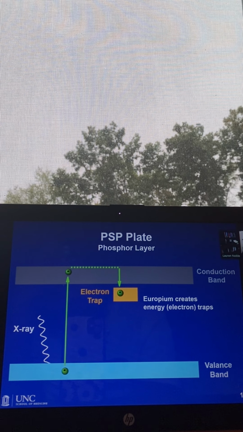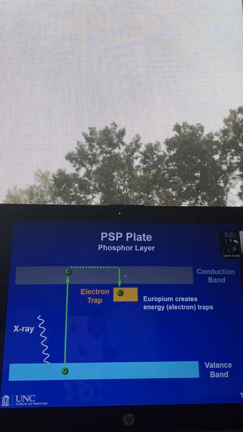So essentially these traps are keeping the electrons from going back and joining back with the atoms. The reason we want that to happen is because this is our image data. And if we lose these electrons, if they drop back and recombine with the barium fluorohalide, we lose our image data.